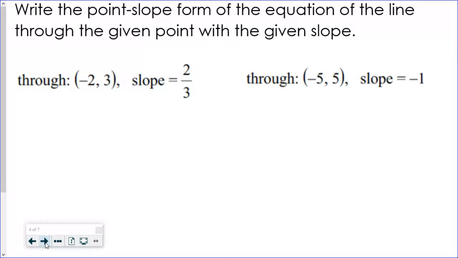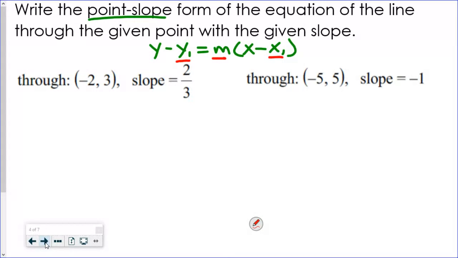Now it says write the point slope form. Okay, so this is point slope form. You might want to write it down and have it handy because tomorrow we're taking a summative. I'm just going to underline this, this, and this are where your numbers go. So this is x sub 1, y sub 1, and this is my slope.